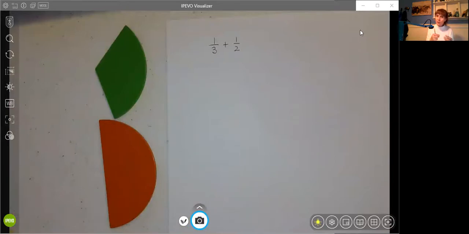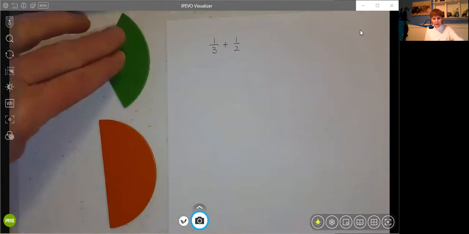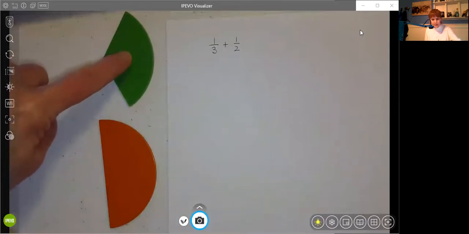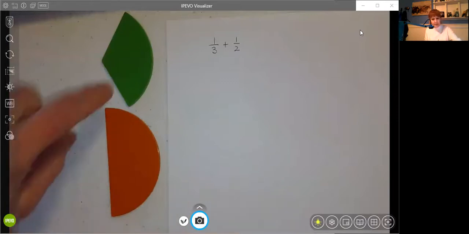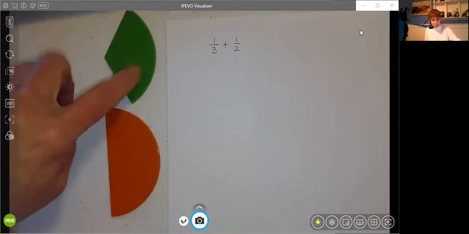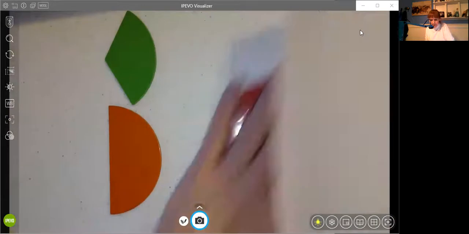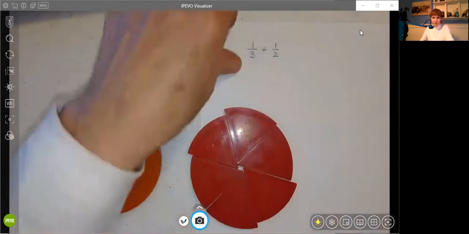So what we do is we change this so it has different size pieces, but is still equal to this piece. And we want this one to have the same size pieces as this one, and yet not change its value.